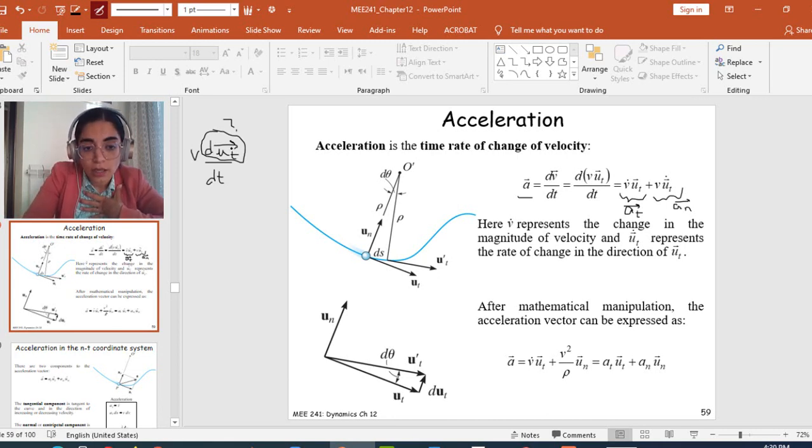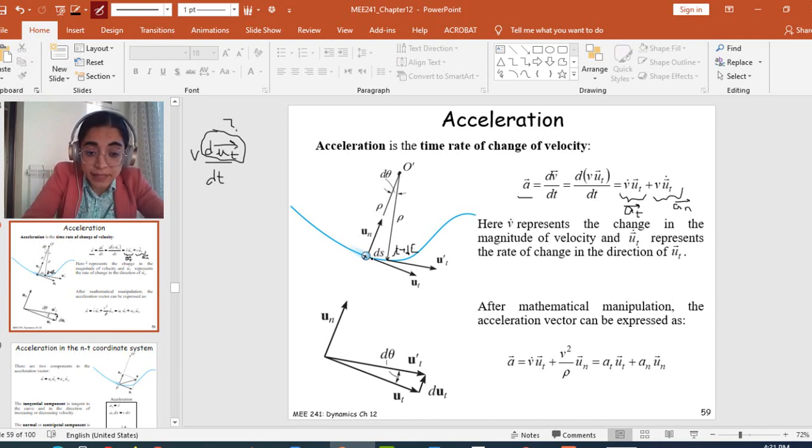Knowing that the derivative of a vector always has the normal direction to this vector, which means it has a direction of un, since un is perpendicular to ut. Now, what is dut? In order to find out, let's take a look at this figure. This is the center of curvature. This is a position at a time t. This is a position at a time t plus dt, a very small interval of time.